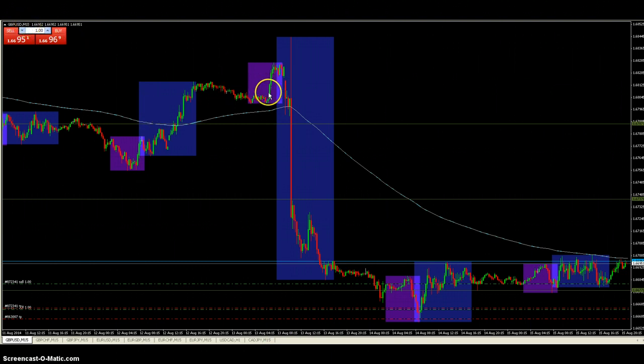So each of these candles represents the amount of movement that happened during that 15-minute period. So you can see sometimes we have periods where very, very little happens, and then suddenly we'll have a massive movement. And making money on Forex is all about catching these movements in the right direction.